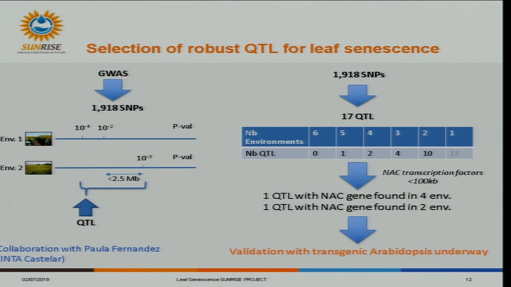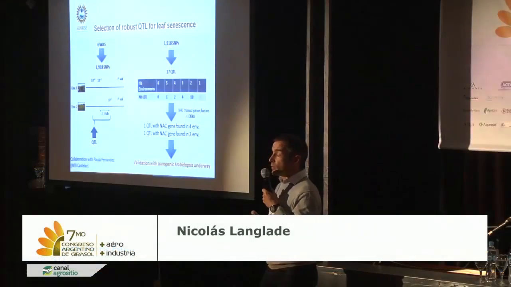We looked at whether NAC transcription factors were also co-localizing in our QTLs, and this was the case for 2 of them. These transcription factors have been described in many species to be associated with leaf senescence, so it's very likely that between these 2 QTLs, one found in 4 environments and the other in 2 environments, the NAC gene that co-localizes might be the causal gene.